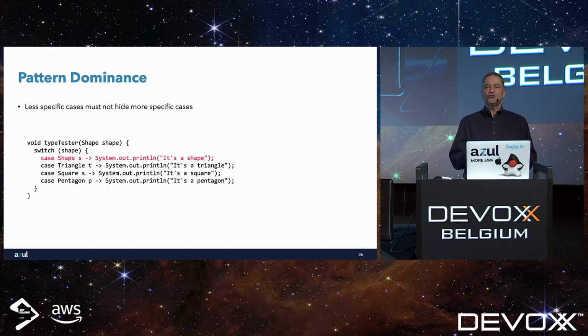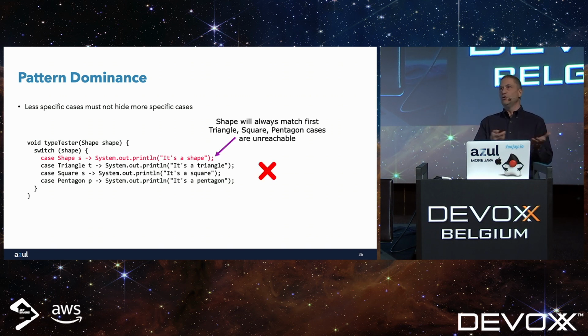That effectively makes triangle, square, and pentagon cases unreachable, so the compiler will not let you do that. It will give you an error and say, nope, you've made the rest of the cases unreachable. And that's good because clearly that's not what we want to do. So we have to make sure that we put the less specific types at the bottom and more specific types above there.